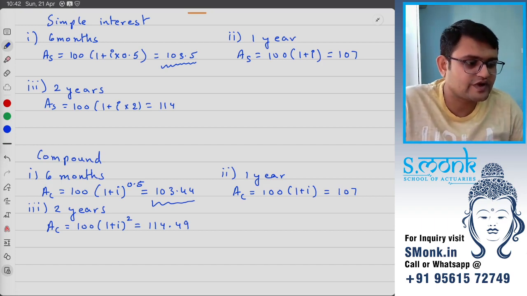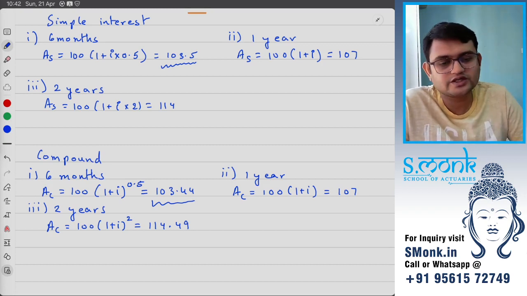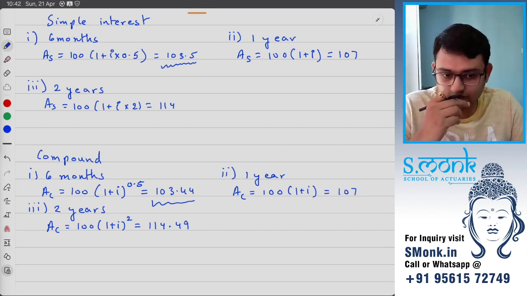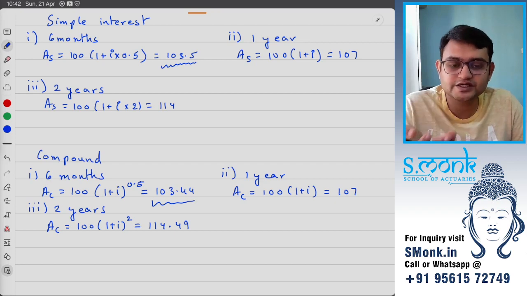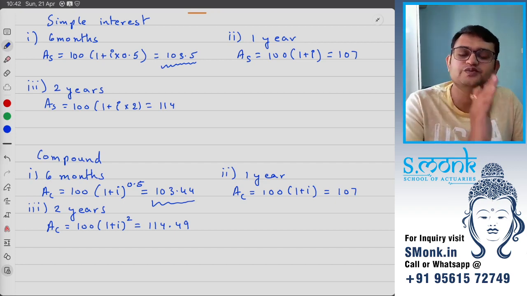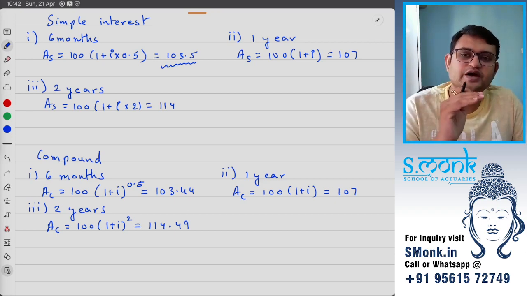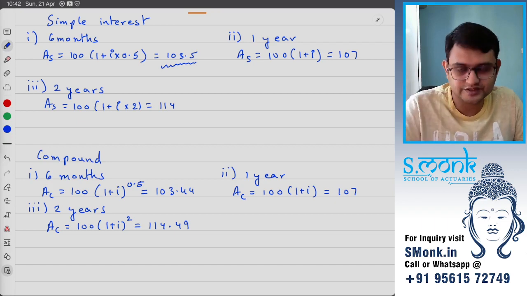Rushil, you are asking why in the 6 months case it is not the same. Because in compound interest we are compounding. Even though we are compounding once a year, it affects values before 1 year as well. You will understand that when we talk about compounding more than once a year.